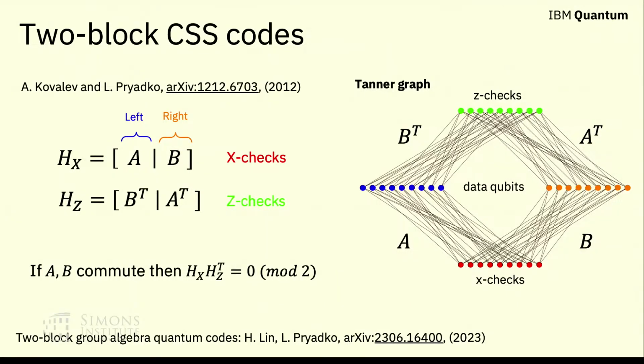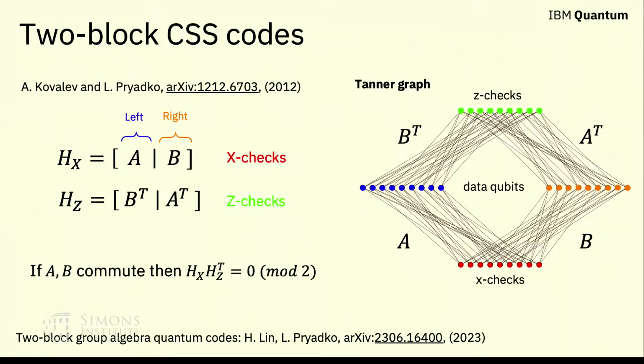Okay, so the X checks act on the left qubits via some matrix A that we will specify and instantiate, and they act on the right qubits by a matrix B. If we choose our Z checks to act complementary to that, so now B transpose on the left qubits and A transpose on the right qubits, then all we need to get this commutation of the X and Z parity checks is that the matrices A and B commute.